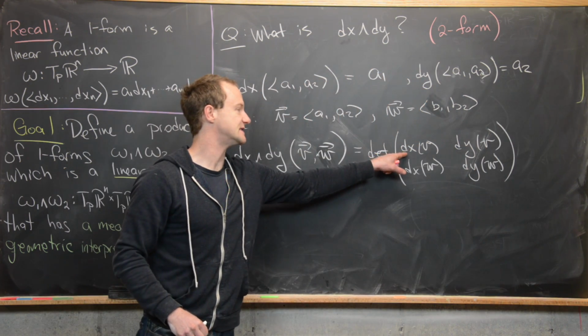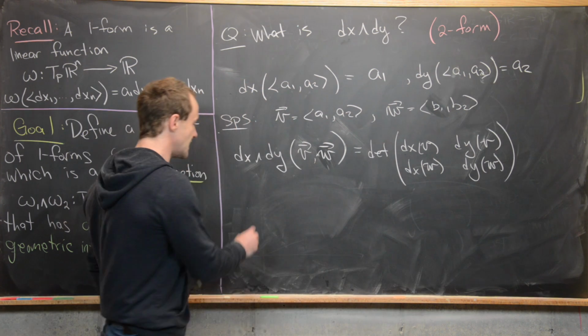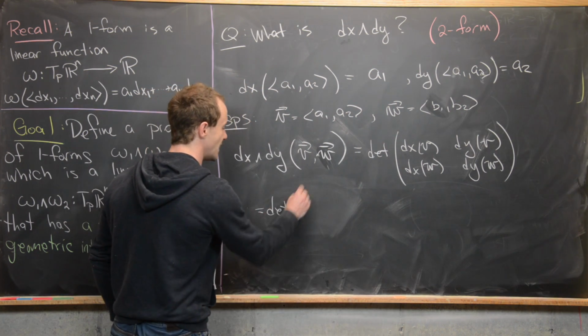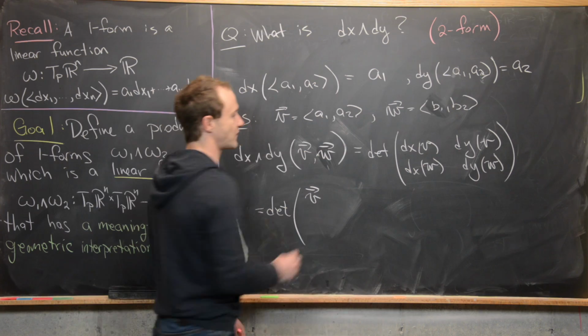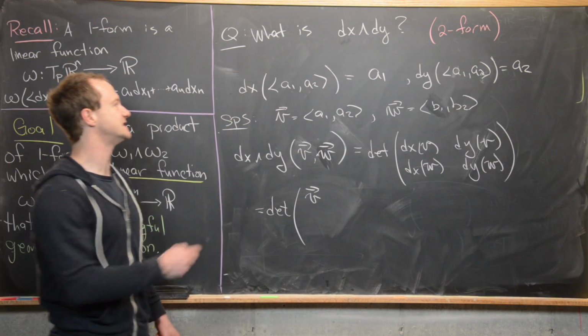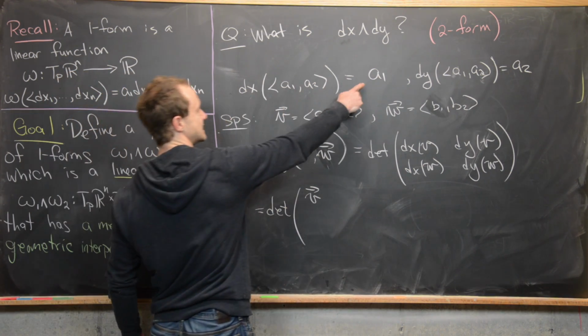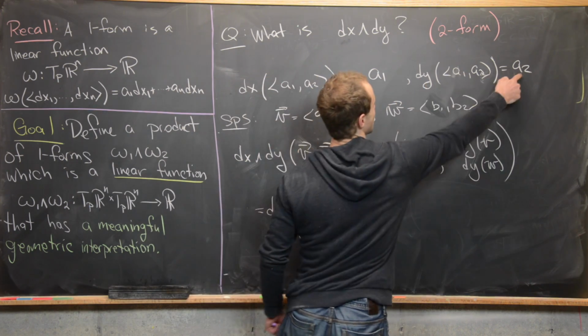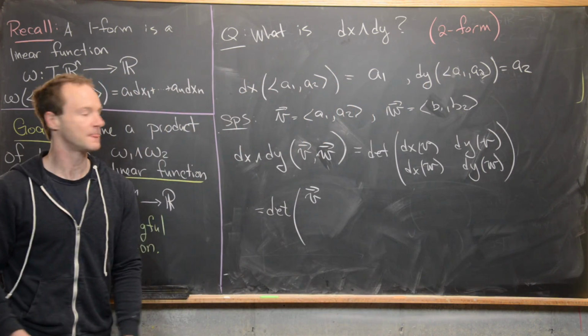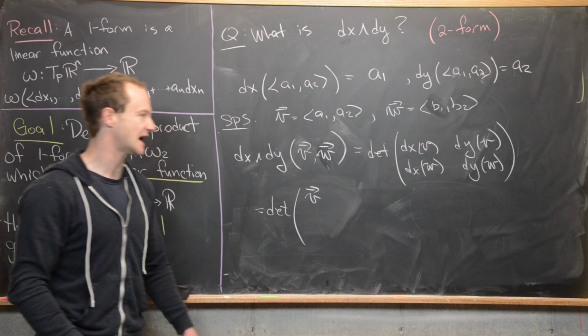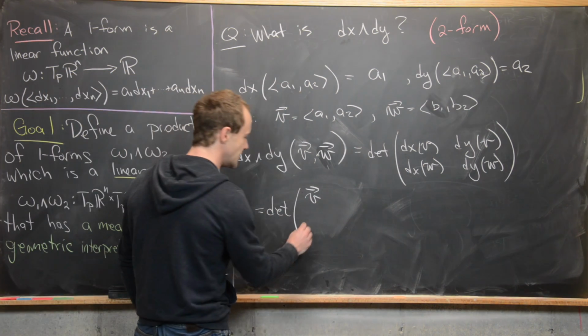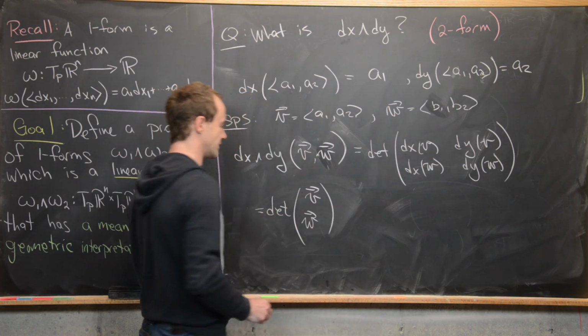But now taking dx(v), dy(v), that really just puts a copy of the vector v in the first row of this matrix. That's pretty easy to see because dx on this takes out the first component, dy on this takes out the second component. And then the same thing down here: dx on w and dy on w just gives us w down here.